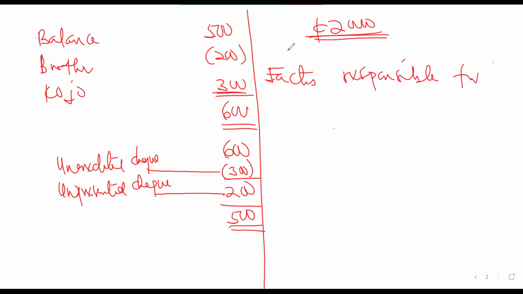The question will tell you discrepancies, or factors responsible for the difference between the cash book balance and the bank statement balance. Anyhow, the English is not for us. Okay, so what are the factors? Let's look at them. Please, any question before we move on and pick a question?